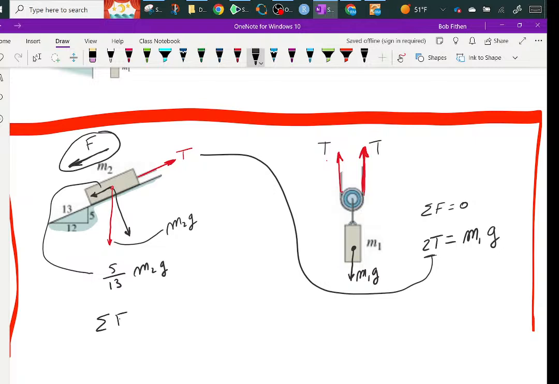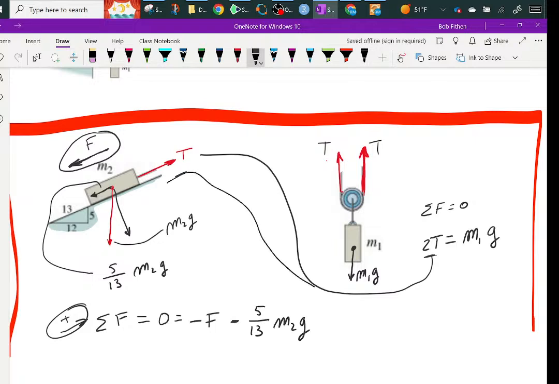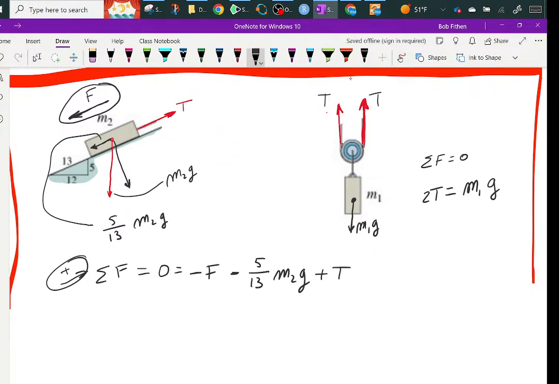So if you sum forces in this way, being positive along here, and it's equal to 0 because it's not moving yet, the first thing you'll see is minus F from this force, minus 5/13 of M2G, and then this force, which actually is, I'll go ahead and say plus T, but we know T is 1/2 of M1G.